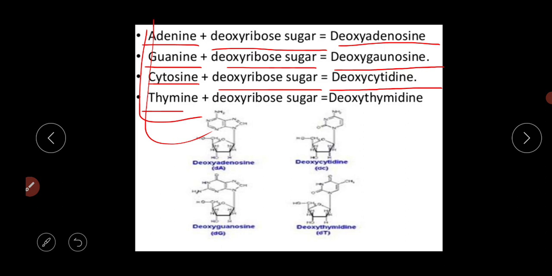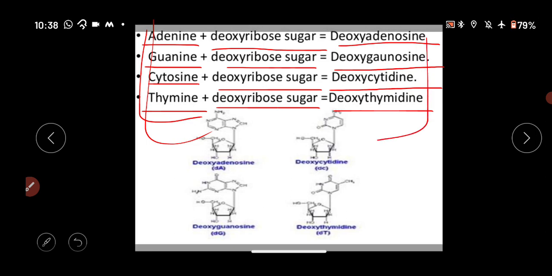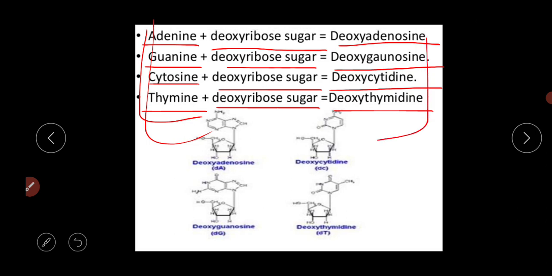Next, thymine plus deoxyribose sugar forms deoxythymidine. All those are nucleosides. So we have a total of 4 nitrogenous bases and the deoxyribose sugar, and it forms the nucleoside.